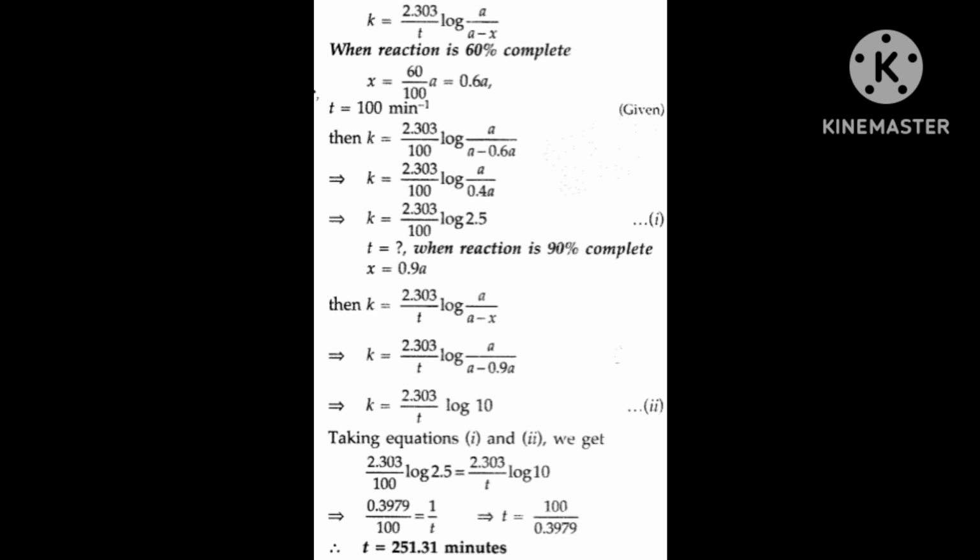Here the reaction is given: N2O5 gives two products, 2NO2 plus half O2, and the concentration data is given.